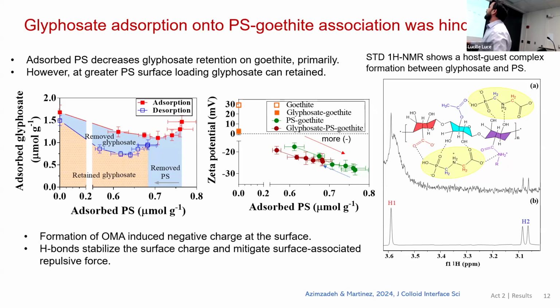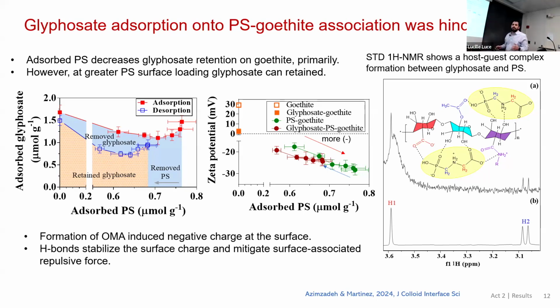And when we had desorption, this is the blue line, we had some desorbed, but the same trend. If you look after a specific point, with loading more polysaccharide, for absorption and desorption, we had a little bit of an increase for glyphosate absorption. It looks more favorable to have more glyphosate, even when we have a lot of polysaccharide at the surface.